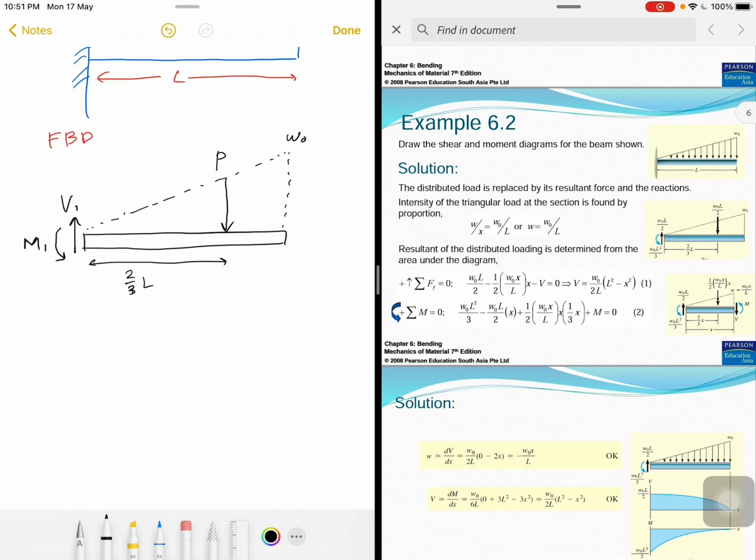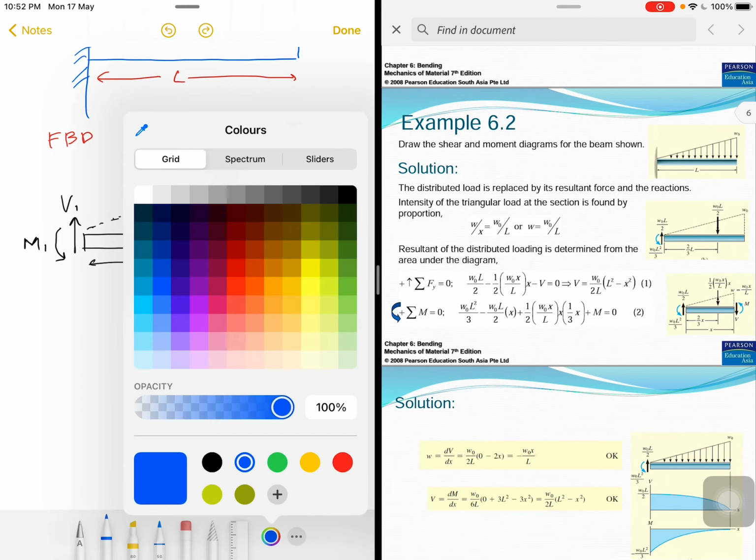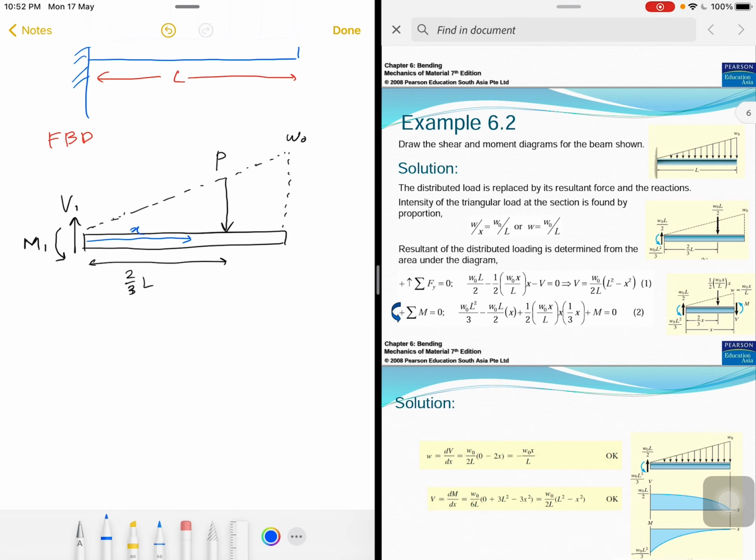Okay, since the shape of the distributed load is triangular, we need to understand that anywhere, let's say this is X, and this is W. Okay, so W over X should be equal to W naught over L, where L is the length right there.